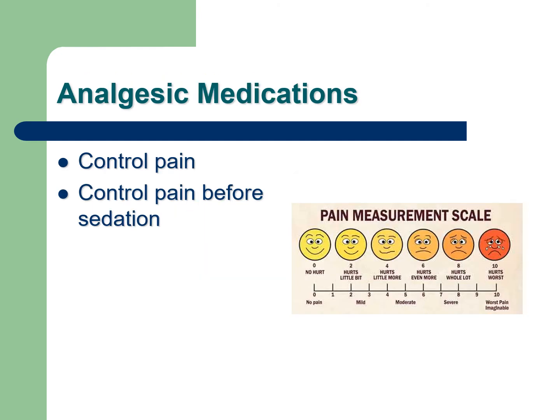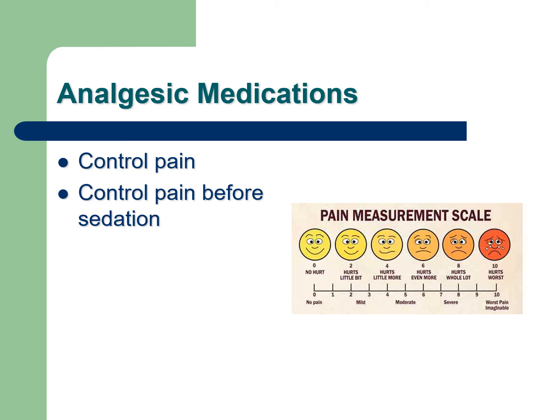When we talk about analgesic medications, it's very important that we understand levels of pain, and there are various tools used. The most common tool, which I'm sure you have seen and is on the screen, is called the Wong-Baker Faces Pain Scale. This is a scale that determines, based on how they feel, what kind of pain level they have.